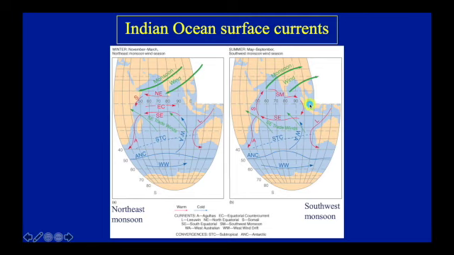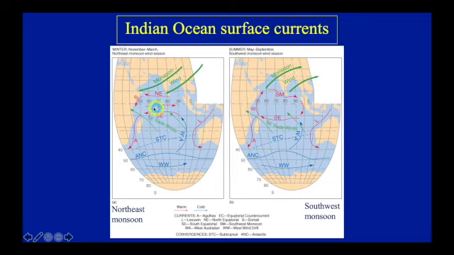But when you look at the southwest monsoon, you don't have the equatorial counter current anymore. So you have the south equatorial current, and in fact the north equatorial current, which was moving to the west, now moves to the east, and we have another name for it, which is the south monsoon current.